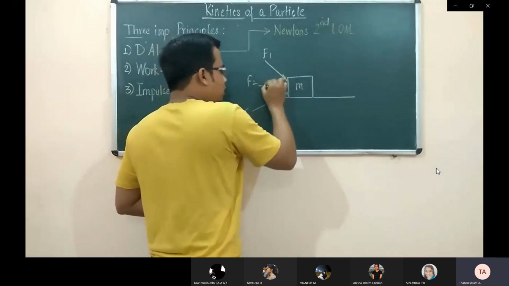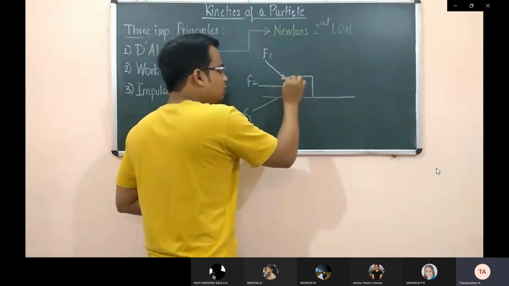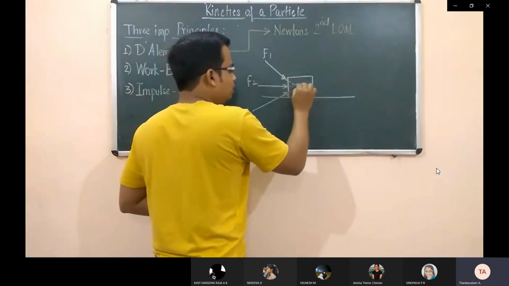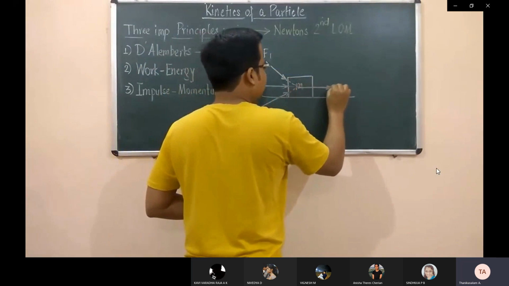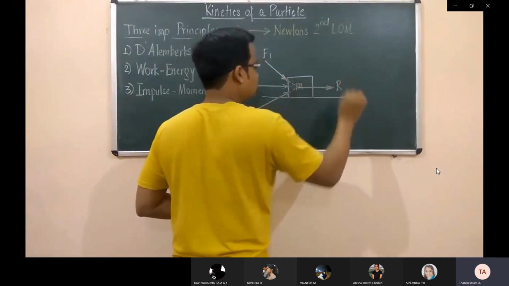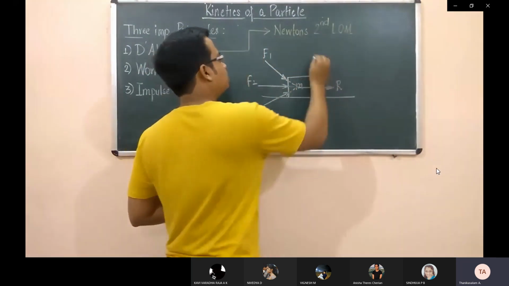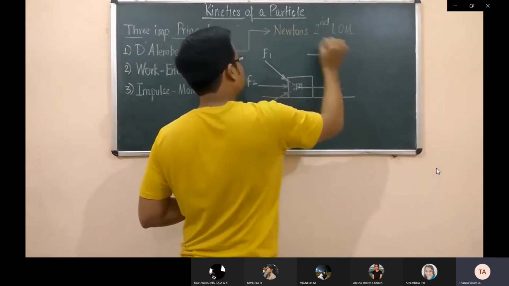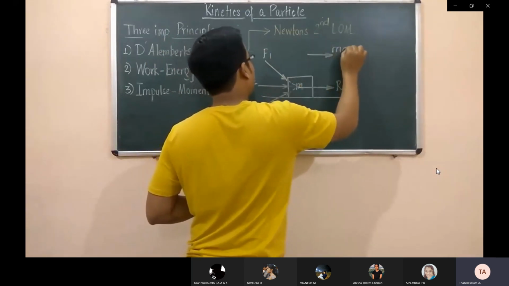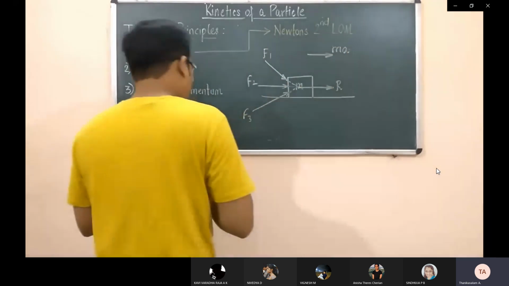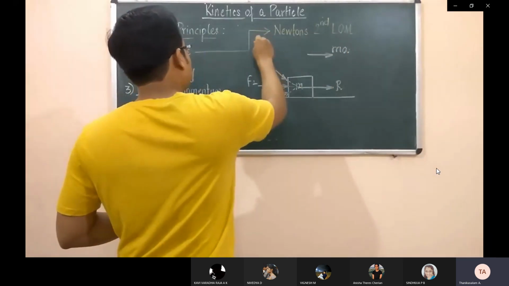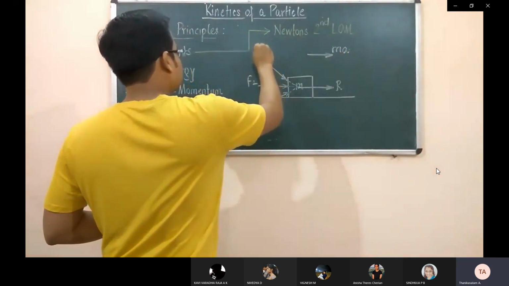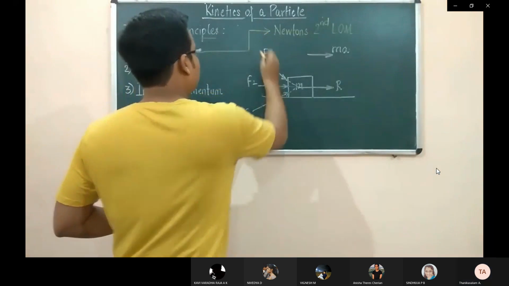Now, all the three forces can be written by one single force in the form of a resultant. Let's say that the resultant, for simplicity, is acting somewhere along the horizontal, because of which there is going to be some motion along this direction. And the collective effect of these forces can be written in the form of mass into acceleration. What we'll try to do is enclose this in a system like this.